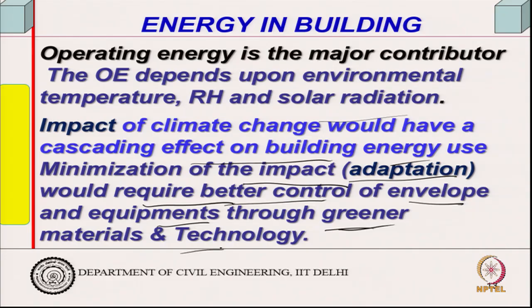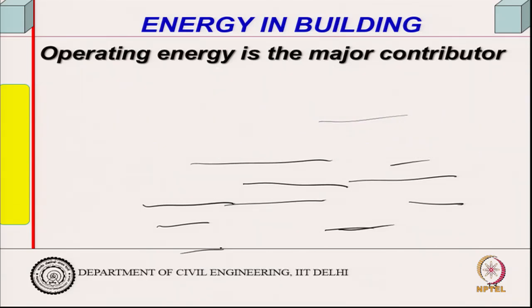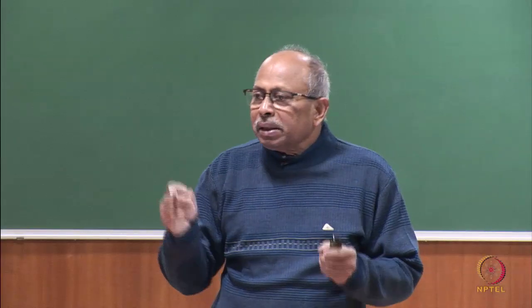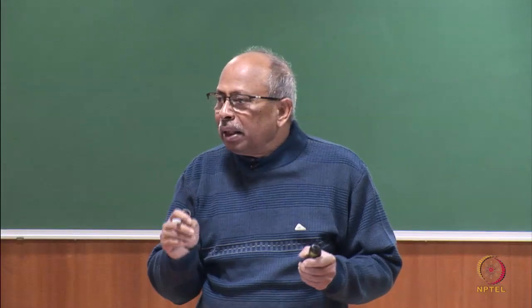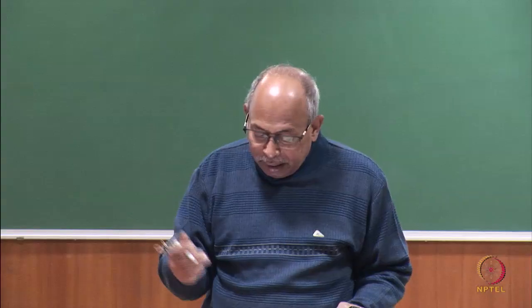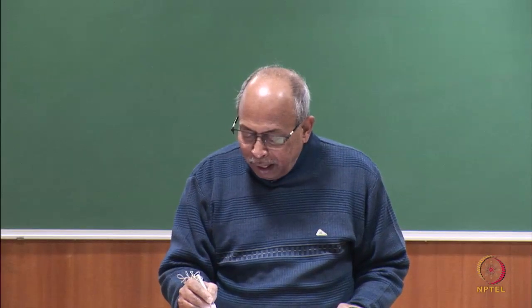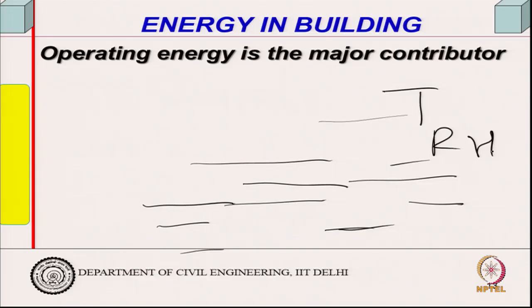So, basically, what is responsible for this energy? We have seen this relative humidity, temperature and air velocity within the room, but if I look at the outside scenario, I will have some temperature, of course, some relative humidity, and if I put a notation TO, RH outside, and solar radiation, the intensity of solar radiation that is received onto the building.